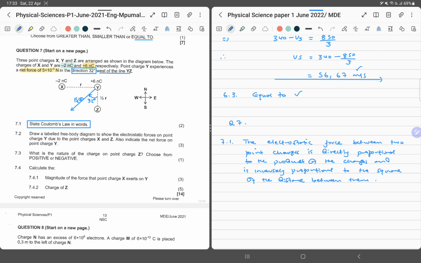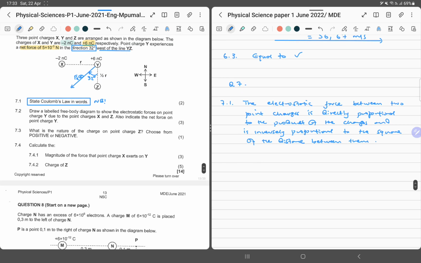So again, this is something you need to make sure you don't go into any exam not knowing. Definitions are easy marks.